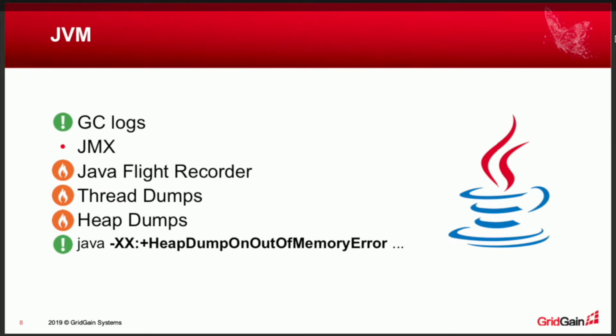Other things are useful if you learn to reproduce the issue and you want to learn the reason for it. For example, if you need to learn about reasons for some performance issues, you can go to Java Flight Recorder, which is available out of the box in Oracle JDK till 11, or from 11 it's available in any JDK, so you can just use it, and it's a really useful thing.